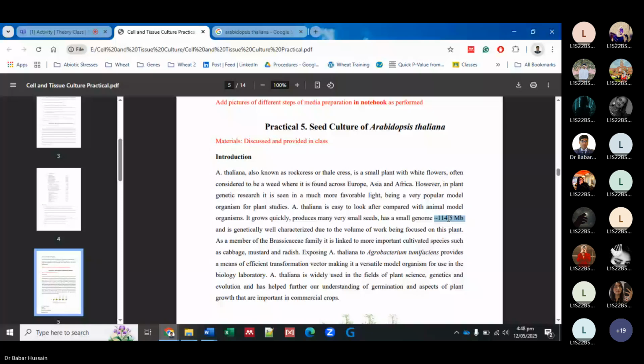Yes, in bread wheat there are 125,000 genes, but in Arabidopsis there are almost 25,000 genes, 5 times less.